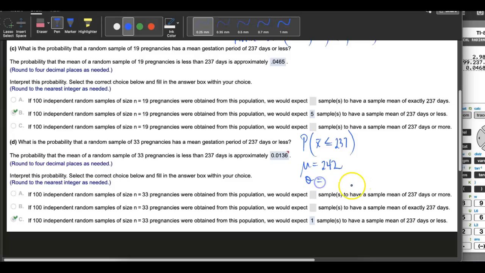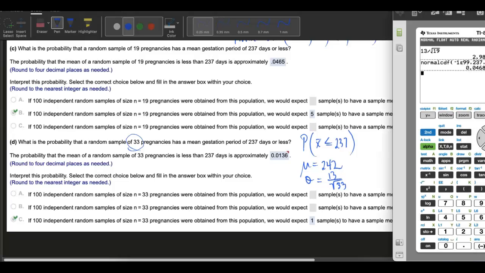We'd have to calculate the new sigma because now we have a new sample size. That was originally 13, so we divide that by the square root of 33. Now I could calculate this and get a decimal value, but because that's not explicitly asked for here, I want to show you also that your calculator can handle all of that notation at once.